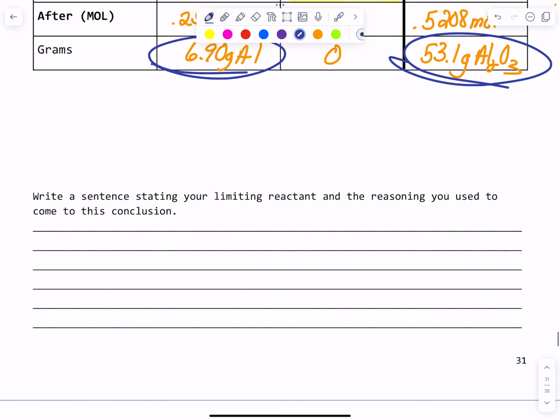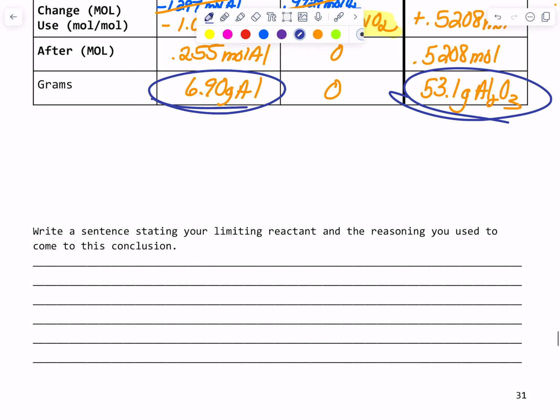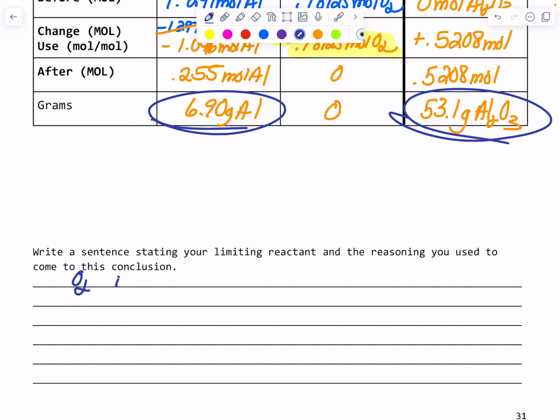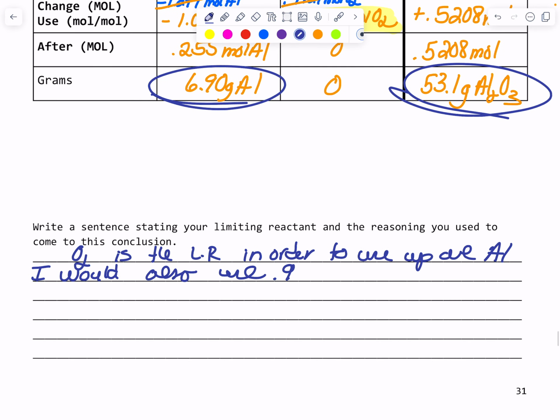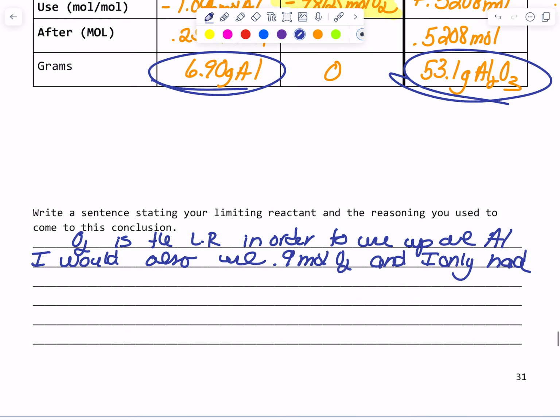And what would I say about my limiting reactant? Well, I would say oxygen is the limiting reactant, because in order to use up all my aluminum, I would also use, look back at that number, 0.9 moles of oxygen, and I only had, right, how much did I have? 0.78.